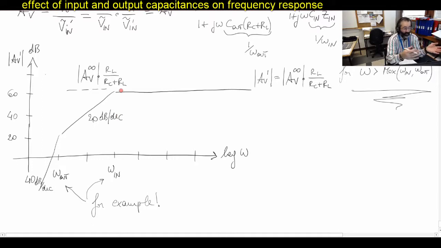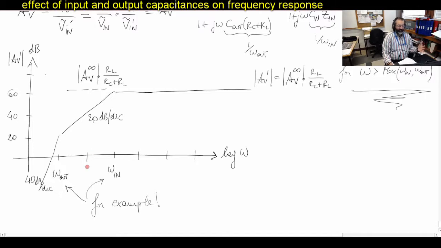What we did, the results we got today, are valid for a wide range of frequencies. Because as you can see, the effect of the C in capacitor and the C out capacitor are only able to cut the low frequency part.